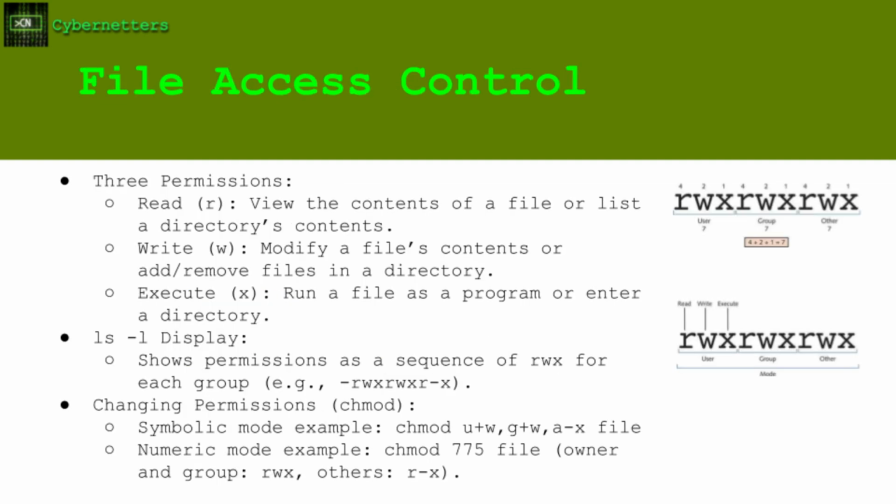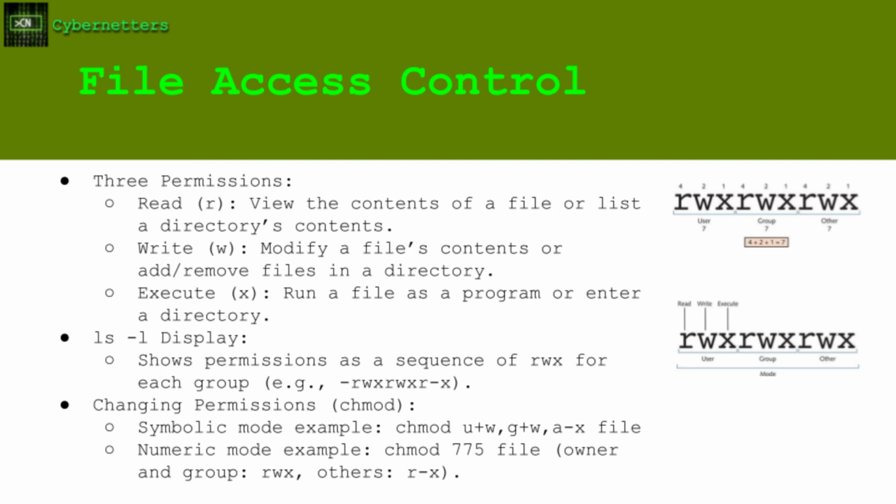Alright, so let's break down file permissions in Unix. Every file and directory has three levels of access control. Who can do what with the file? The three types are read, denoted by r, which allows the viewing of the file contents or listing of directory files. Then you have write, which is w, which allows the modifying of a file or adding and removing files inside a directory.